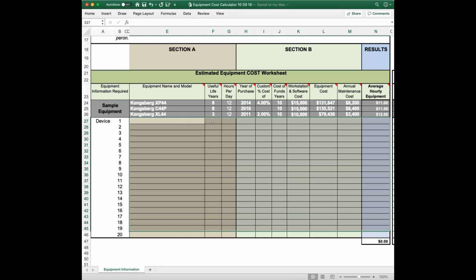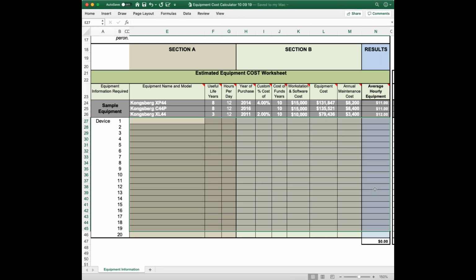Now, we'll see when we go through with an actual example, as this information is being entered, the results are being calculated in this results column, the blue column. So as the information is being plugged in, so to speak, the results are going to be displayed.